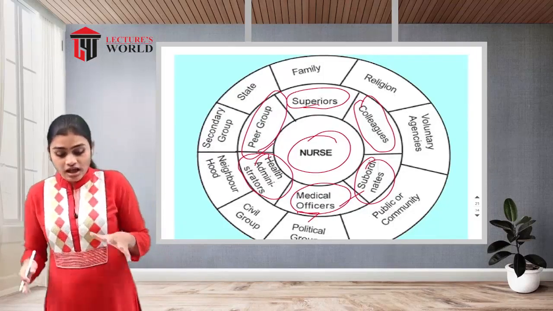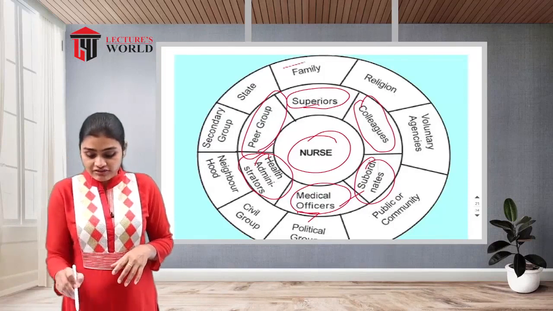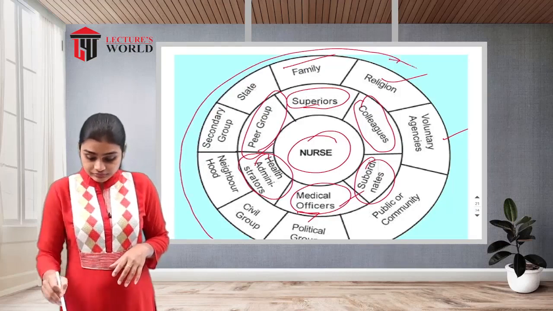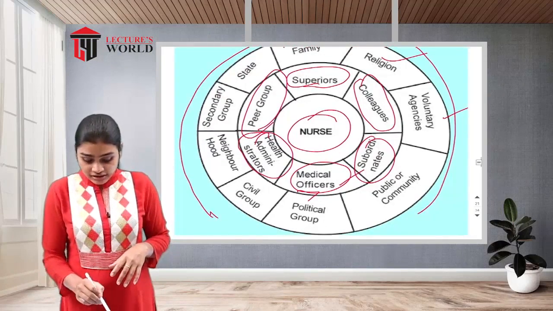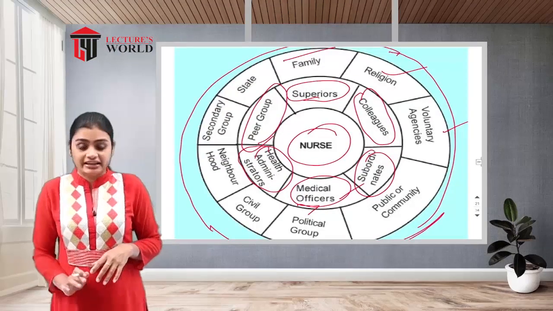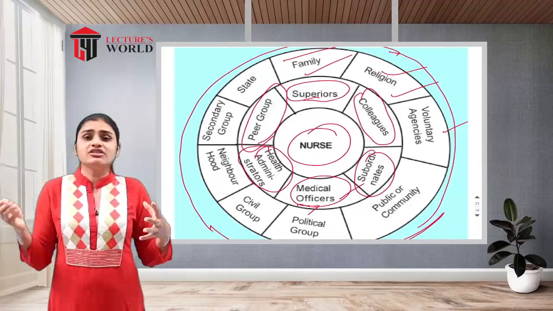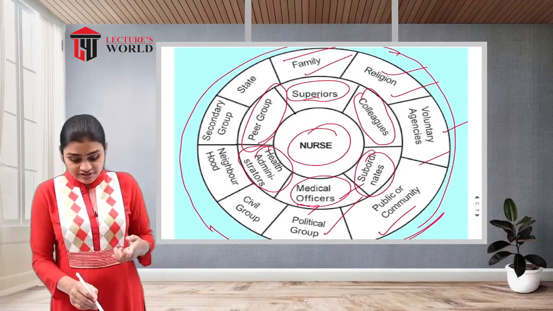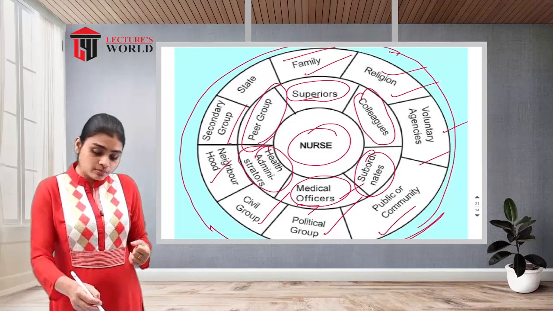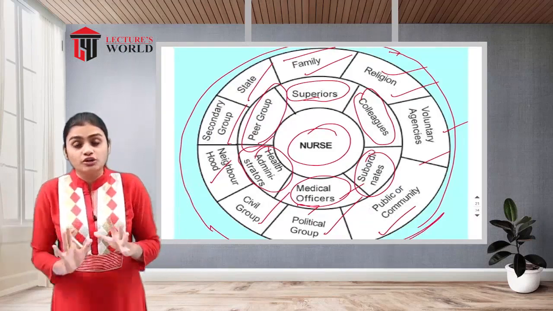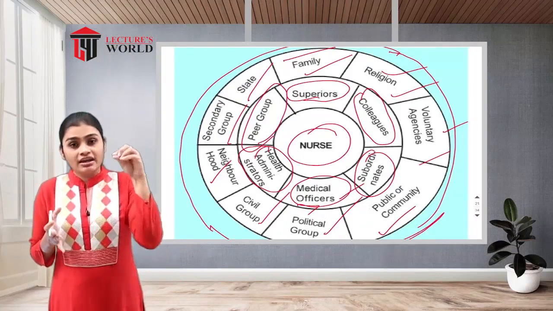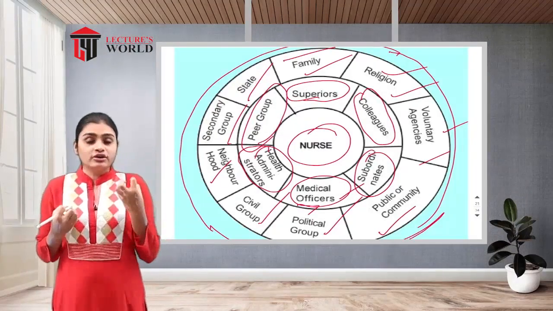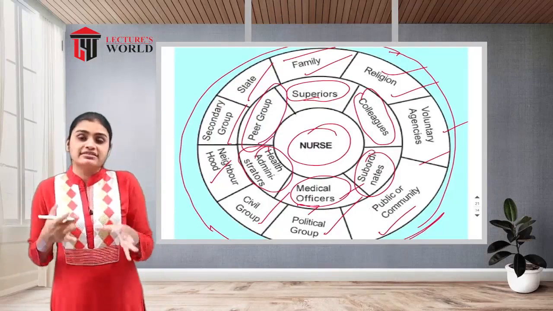Apart from that, nurses have a role in family, religion, and voluntary agencies. These are all agencies that take action in social functions or social areas: the family members, the religious institutions, the voluntary agencies, public or community agencies, political groups, civil groups, neighborhood, secondary groups, and the state. These are all institutes working in the area of healthcare, and all of them are required to focus on the care of patients at the hospital.